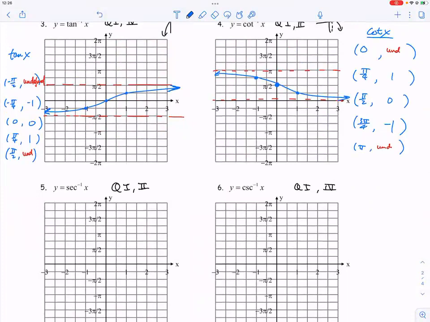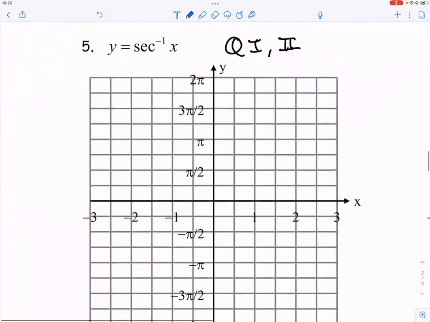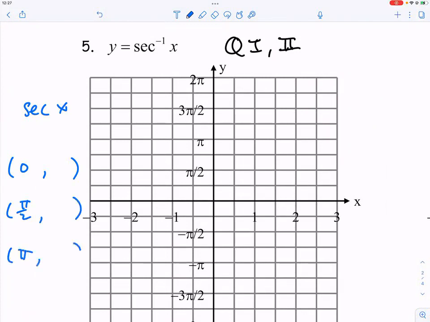All right, last two, secant inverse and cosecant inverse. I hate them the most, so I need to find a way to figure my way out. So I'm going to have some secant x values. It's quadrant 1 and 2, so I would look at 0, and then pi over 2, and then pi.